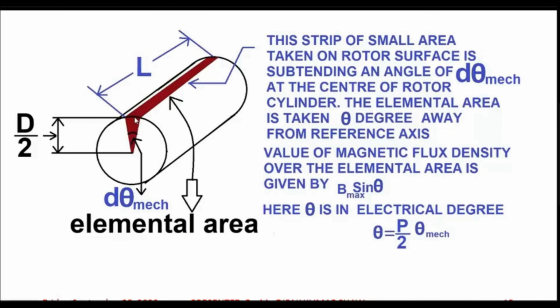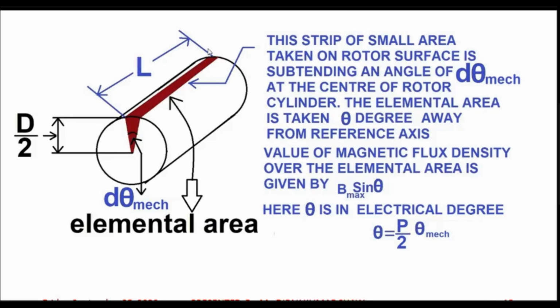So what is the area for this strip? We are only finding the area on the curved surface of the rotor. Let us take note of this fact that we are finding the area only on the curved surface of the rotor.